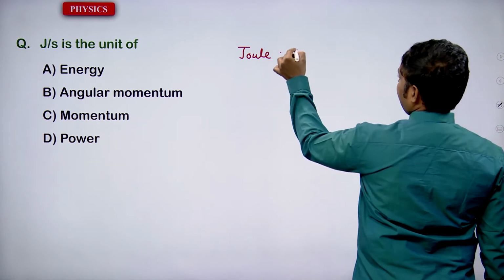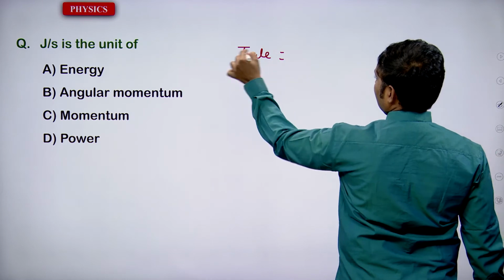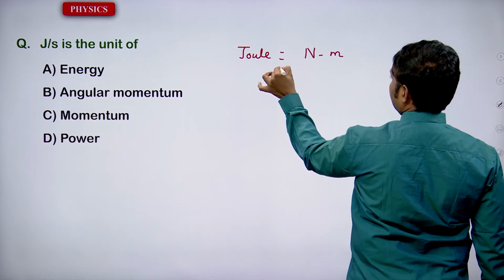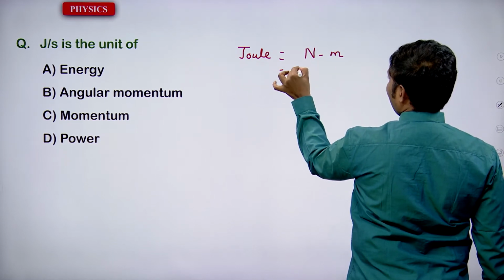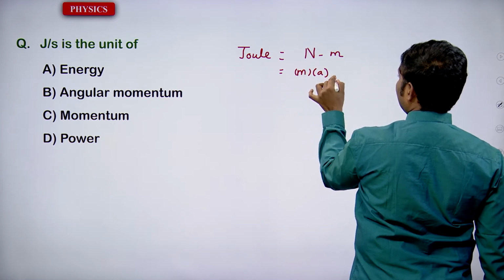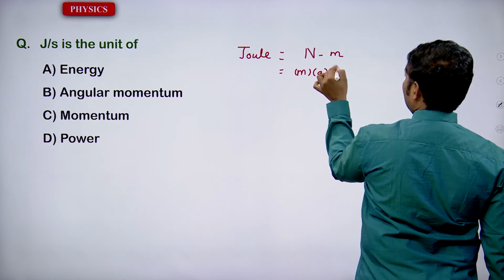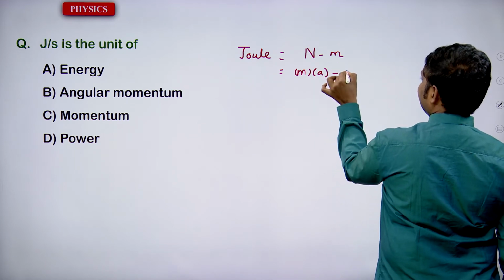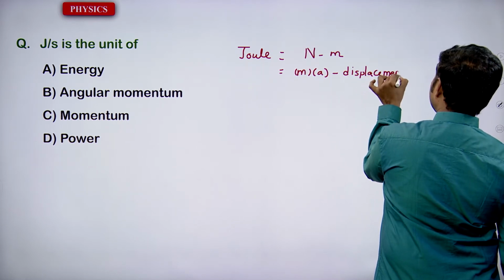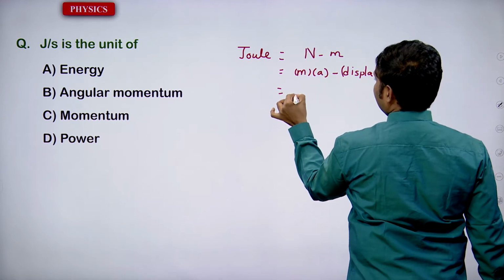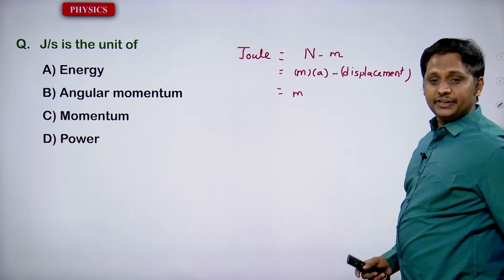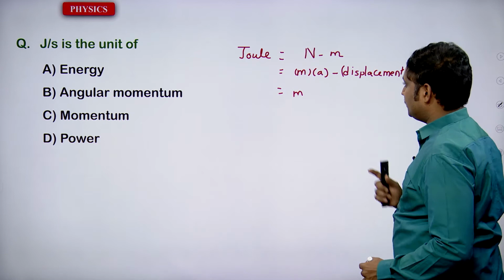If you are going to get this one, it is equal to Newton meter, it's going to be mass into acceleration into displacement. Very clear, we would like to get that acceleration. Easily we will identify this one. Okay, right.